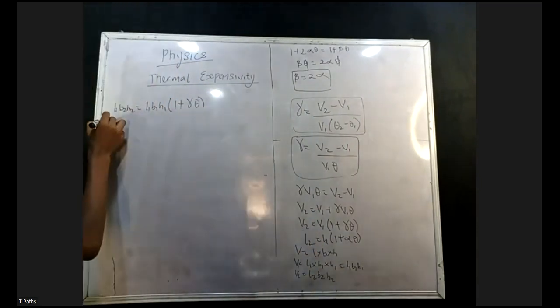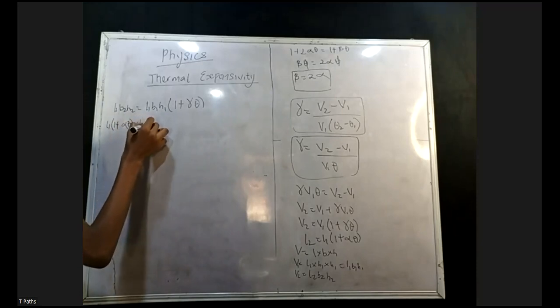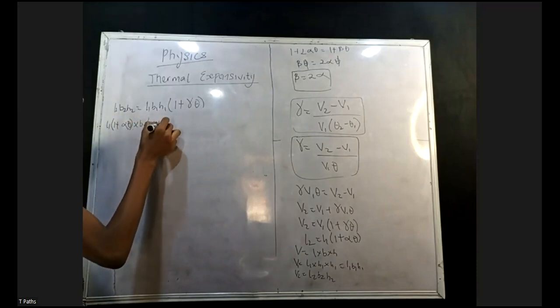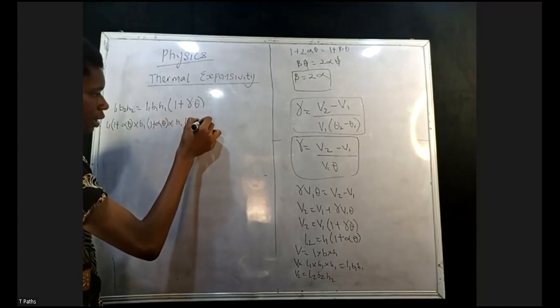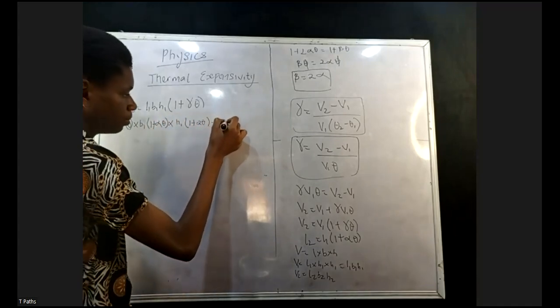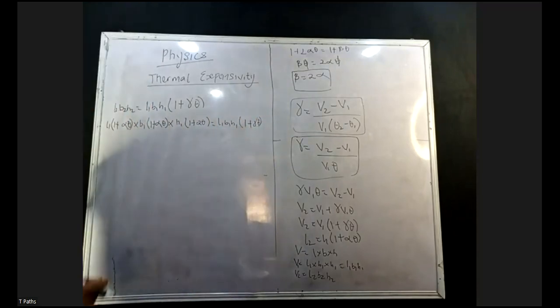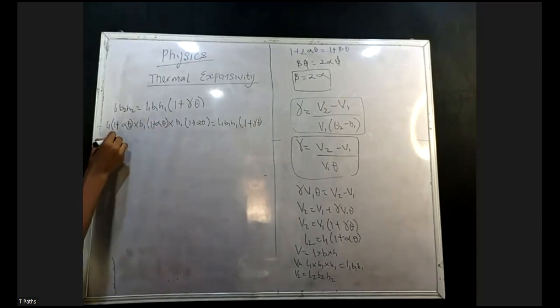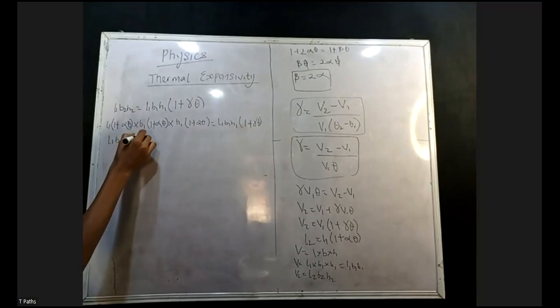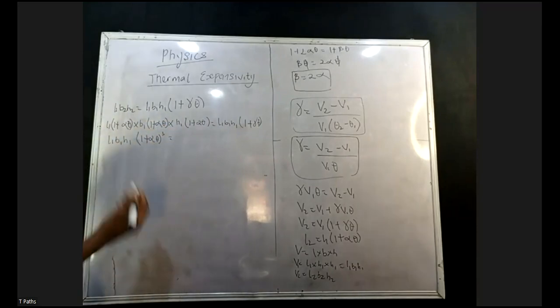So I can have L1 open bracket 1 plus alpha theta, times B1 open bracket 1 plus alpha theta, times H1 open bracket 1 plus alpha theta, equals L1 B1 H1 open bracket 1 plus gamma theta. All right. So what I'm going to do here is multiply this by this by this, and I'll have L1 B1 H1 open bracket 1 plus alpha theta cubed, or alpha theta raised to power 3.